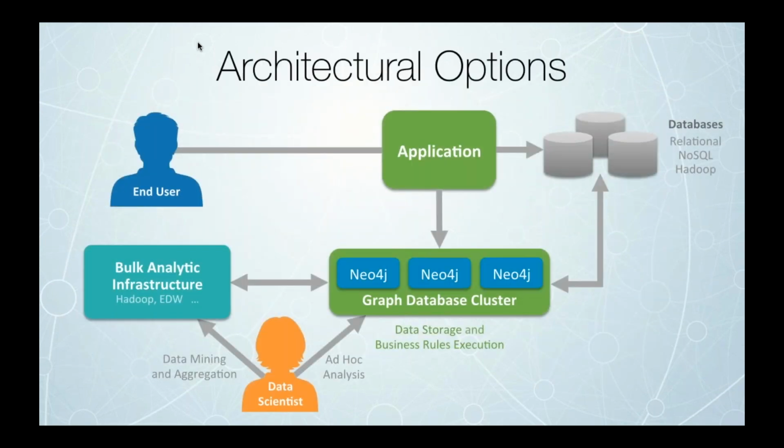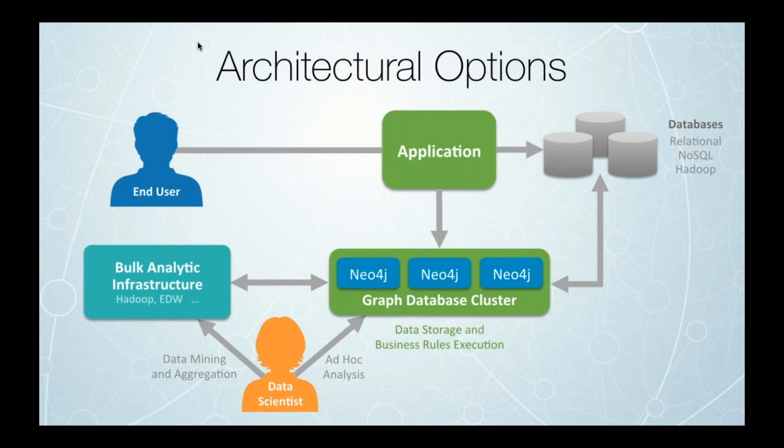Now, we're not going to say that you should take Neo4j and replace all of your database infrastructure with Neo4j. We believe in the concept of polyglot persistence. We believe in the idea that you should be able to understand your data needs and understand what types of databases best suit those needs.